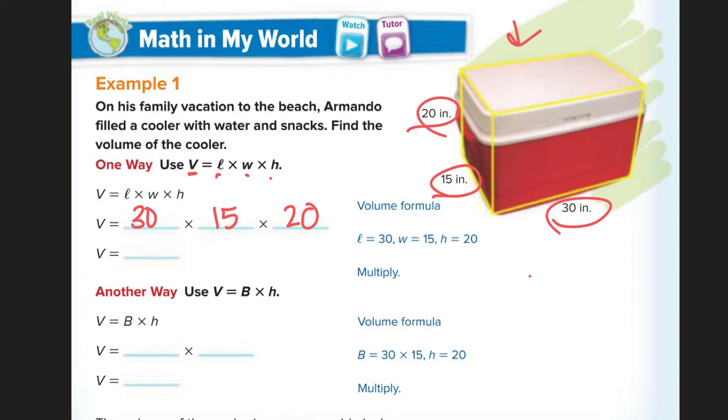is there an easy way to do it? Let's do 30 times 20. 3 times 2 is 6. And I've got two zeros. 600, 30 times 20.